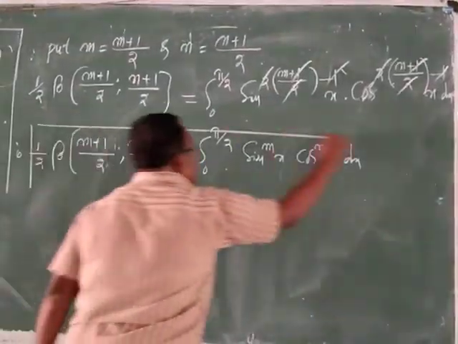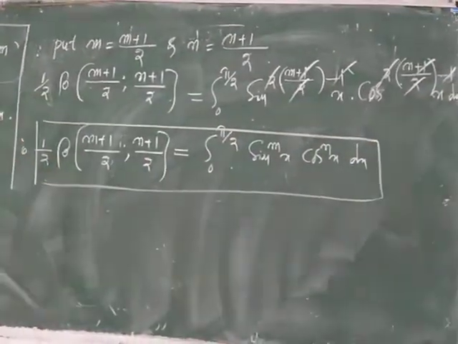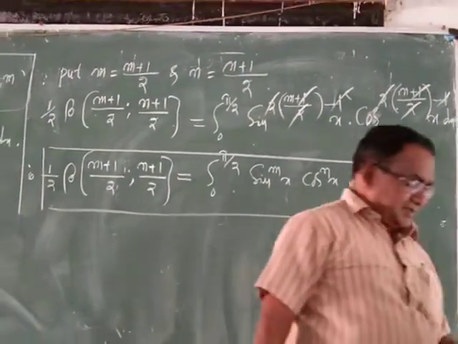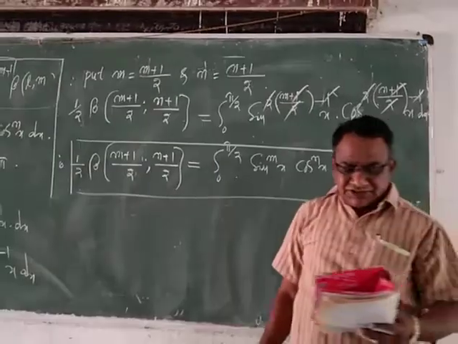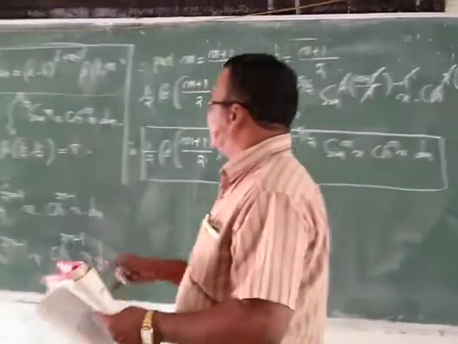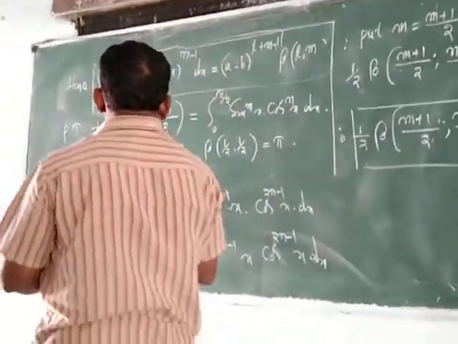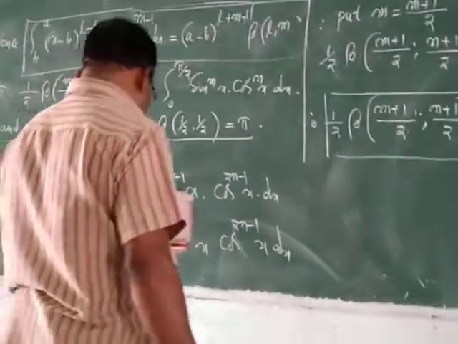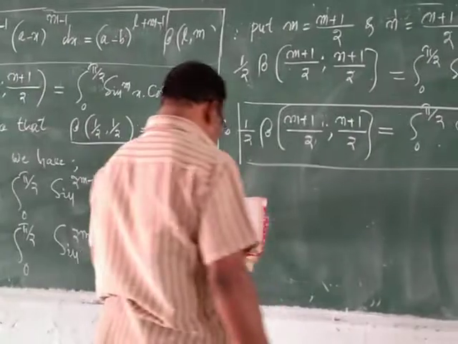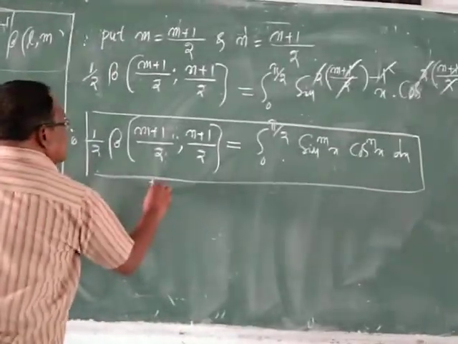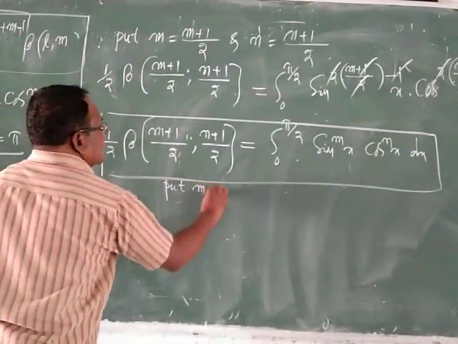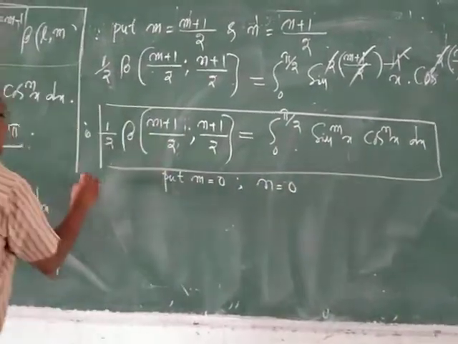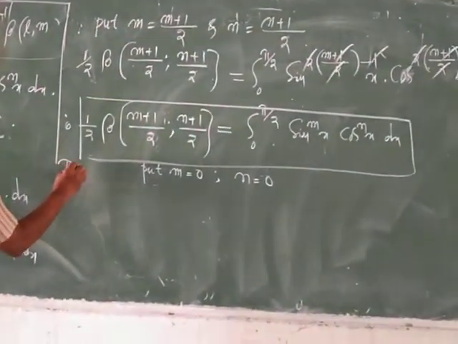This is what we wanted to prove. Similarly, at the same time I wanted to deduce one result. What is it? Beta half comma half is equal to pi. So for that, put m is equal to 0 and n is equal to 0 in order to deduce your result.